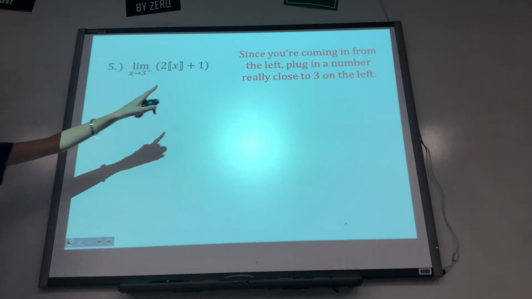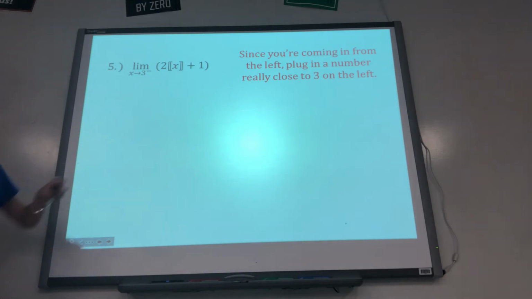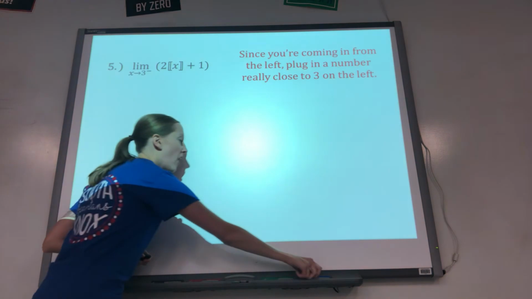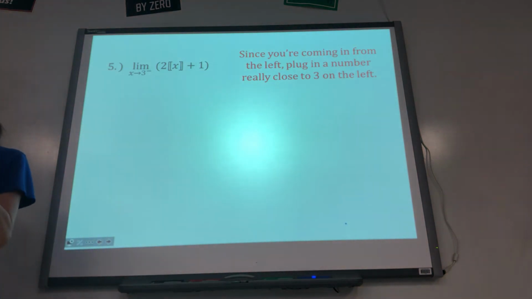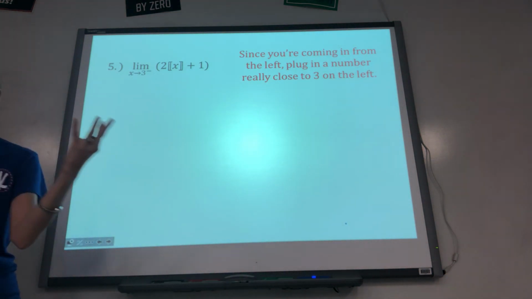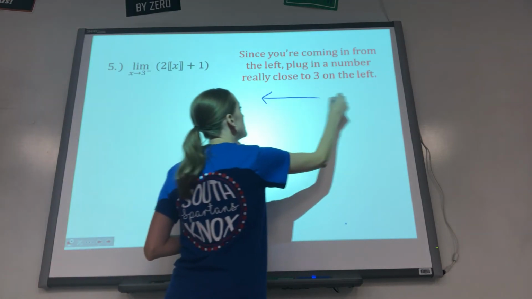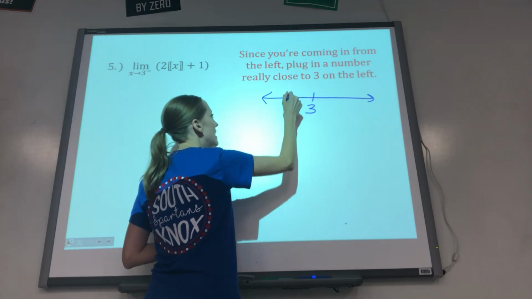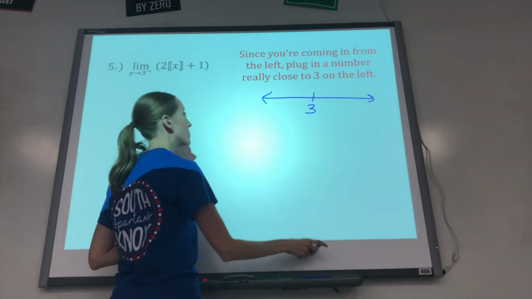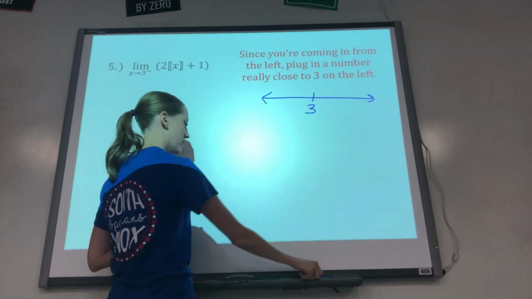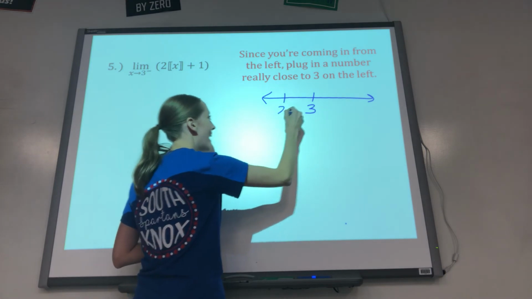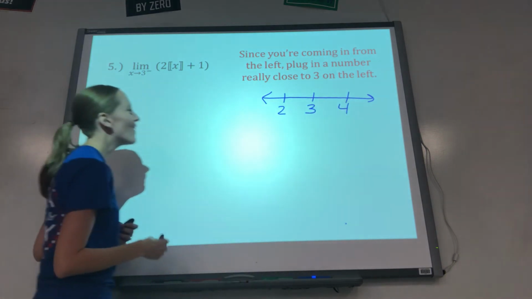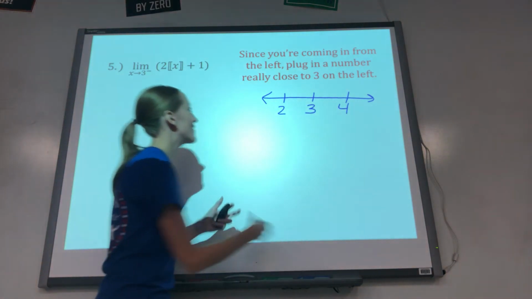Now when I say plug in a number really close to 3 on the left, I always picture a number line. You don't have to write this down necessarily, but if I've got a 3 here, a 2, and a 4, think about a number line real quick.